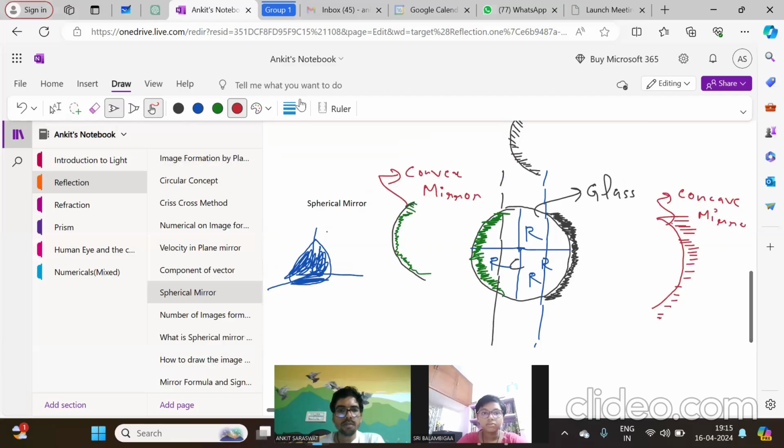What is this? This is like cut. We are cutting here like this. Now, in case of convex mirror, this is the reflecting surface. It is like that. While in case of concave mirror, this is the reflecting surface. Any doubt up to this point?